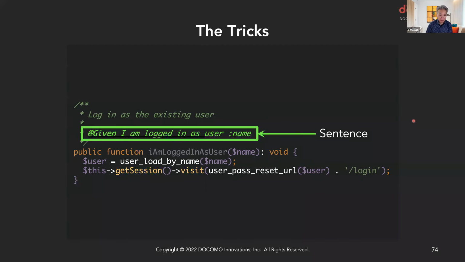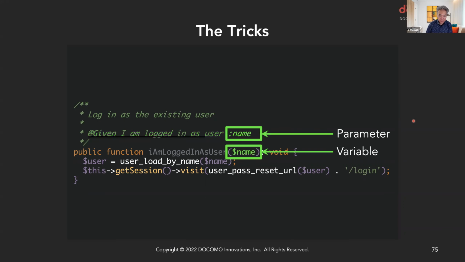Behat analyzes the comment header of the PHP code, and then Behat processes 2 files together. One is the test scenario introduced in the previous slide, the features written in Gherkin syntax like natural language. The other one is the PHP code shown in this slide as the programming logic.